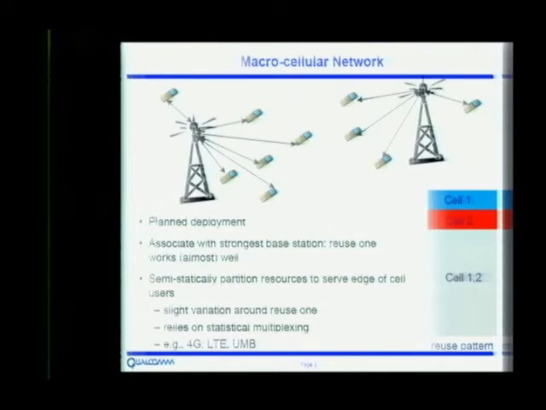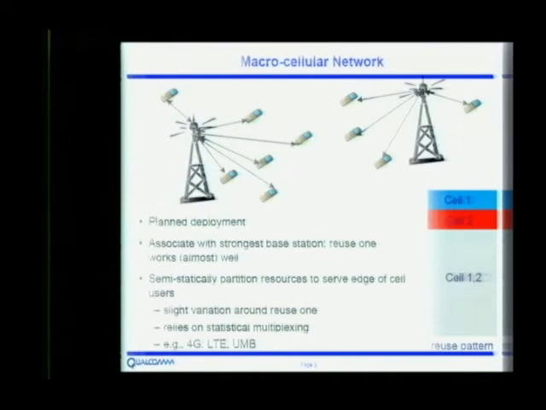Also, a mobile typically associates with the base station that is the strongest for it. So that already implies that the interferer is going to have a weaker signal compared to the serving base station. That already helps quite a bit.